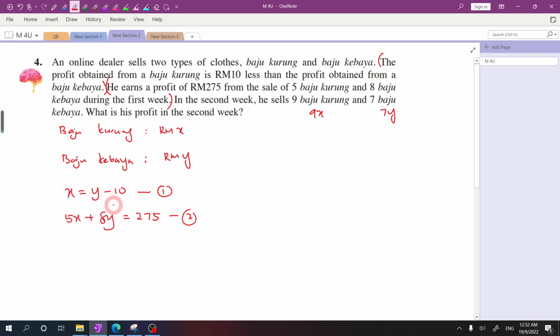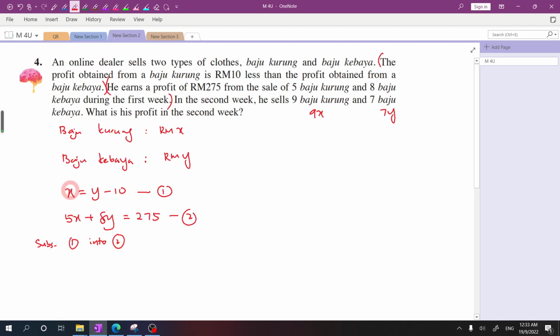So first, we need to know what y and x are. Here, I'm going to use the substitution method. The same, we want to change the two unknowns into one unknown. This is our main purpose. So substitute the first equation into the second equation.